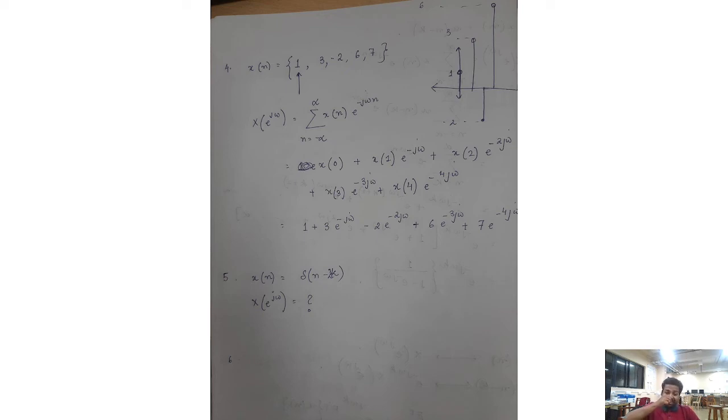Our objective is to obtain the discrete time Fourier transform. Please solve this problem on your own. I think the problem is clear. There is not much difference here, just a shifted impulse instead of an impulse at n equal to 0. Fine. Please solve this problem on your own.